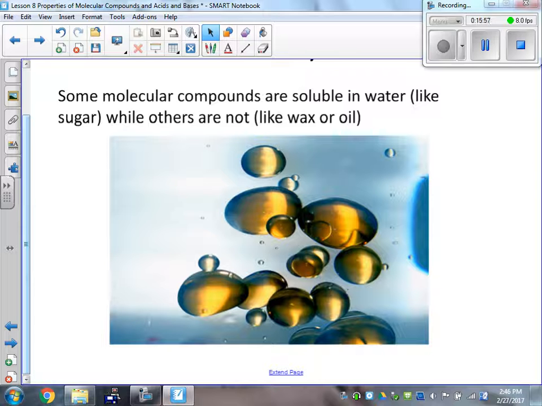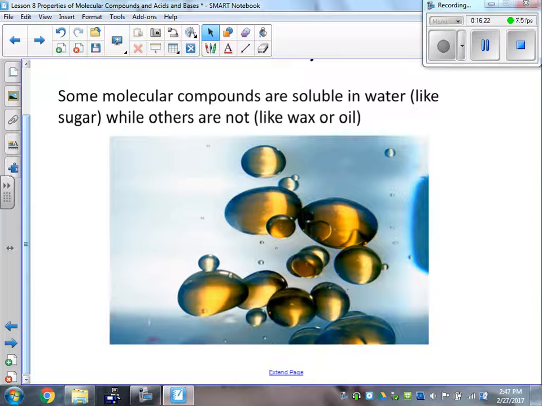So sugar dissolves nicely into water because it's polar. Water says, "Hey, I got a negative end." Sugar says, "Hey, I got a positive end," and they attract each other and they pull apart. When we put sugar into water, what does it taste like? Sugar water. Because it pulls the molecules apart, but it's still molecules of sugar.